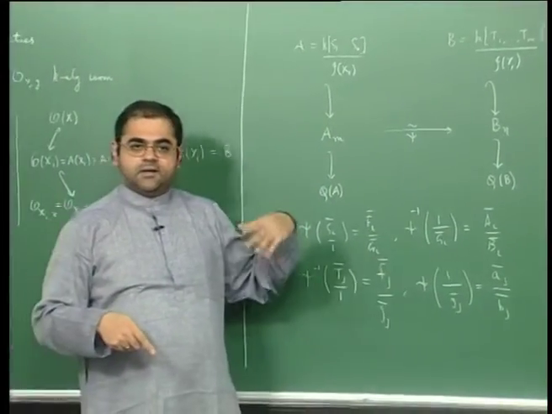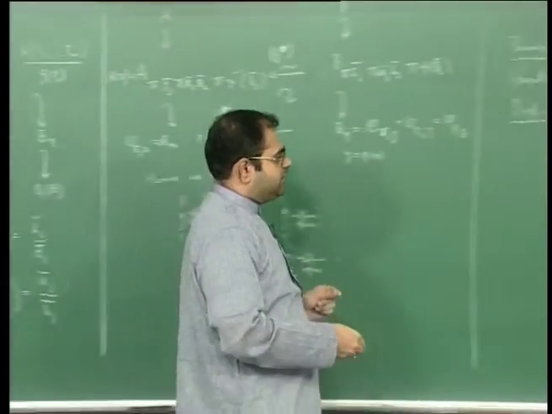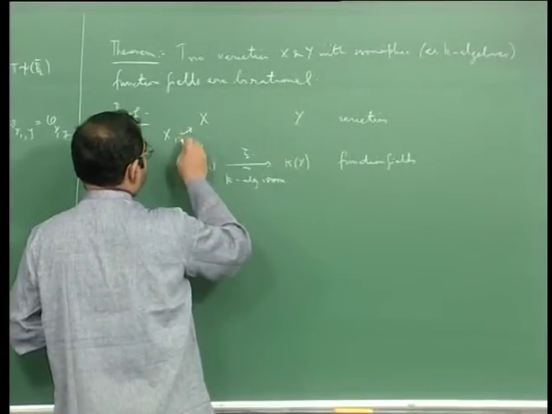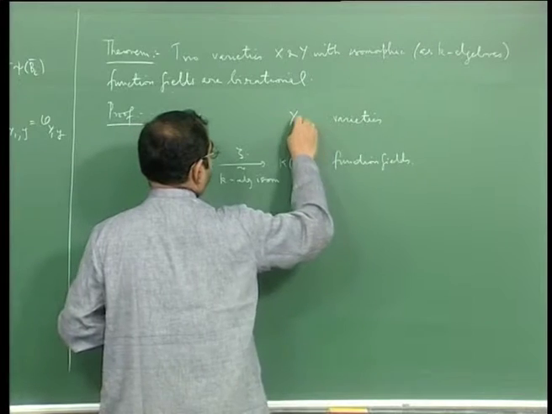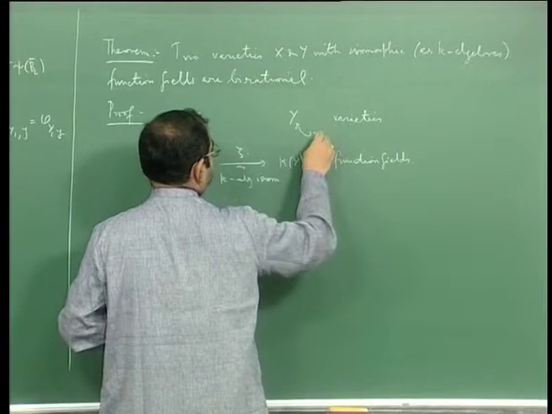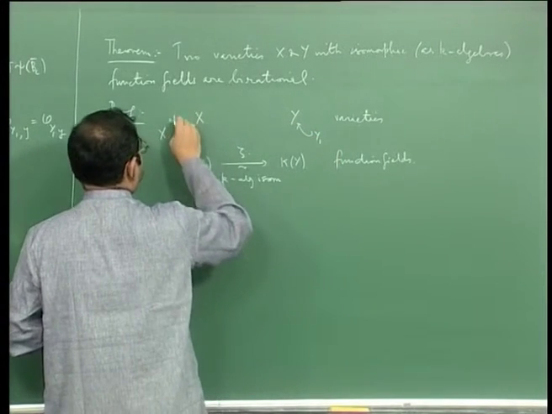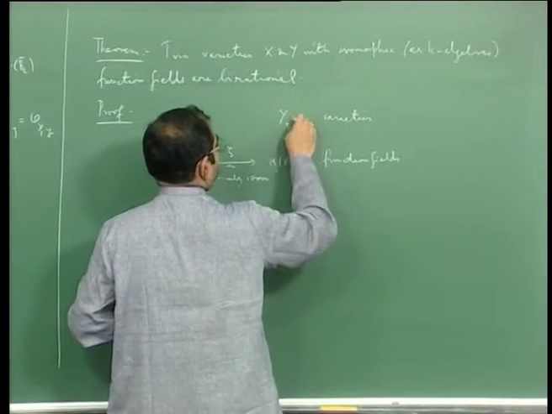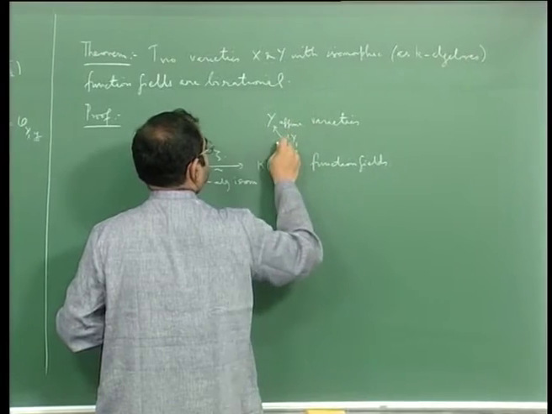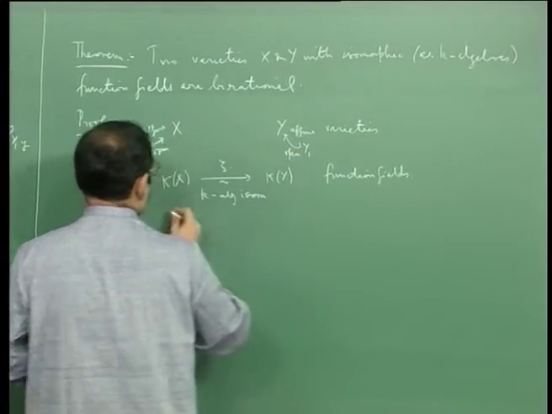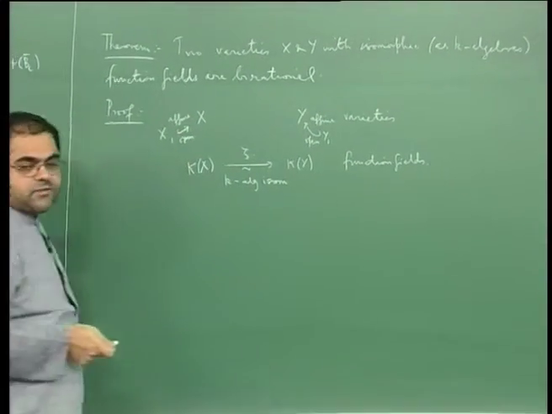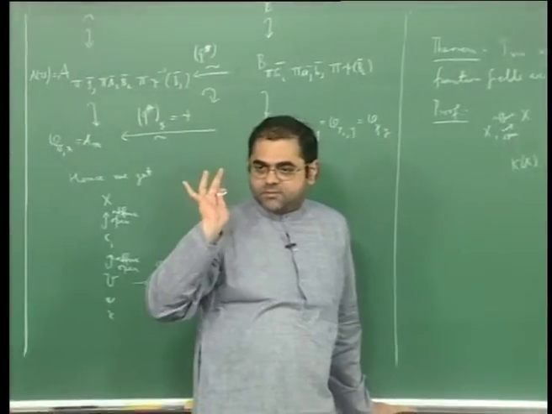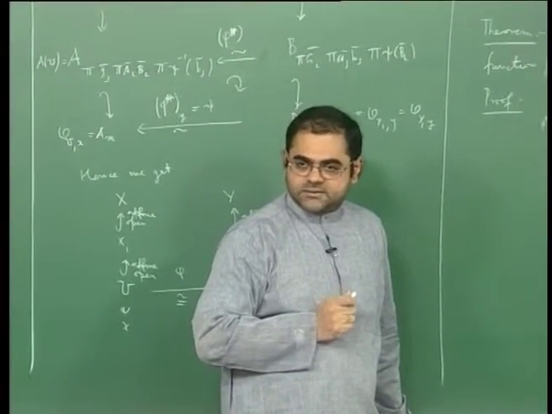We can do the same thing here. We can assume that x1 is an affine open in x, and y1 is an affine open in y. Whenever I say open set, it is a non-empty open set. I am not worried about the empty open set.